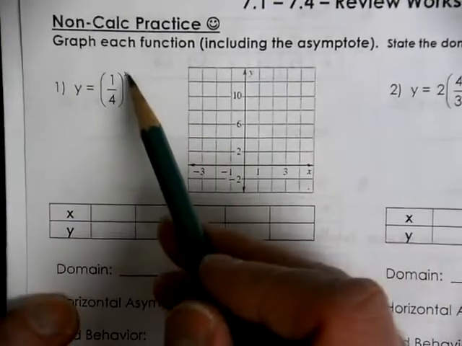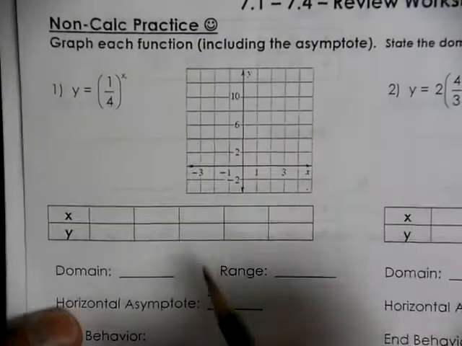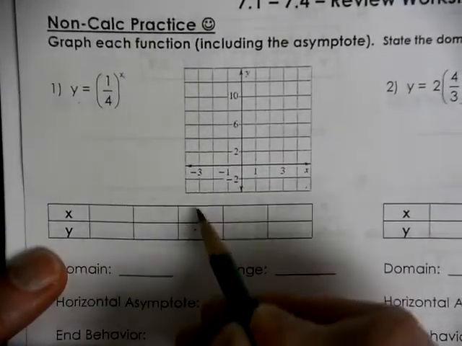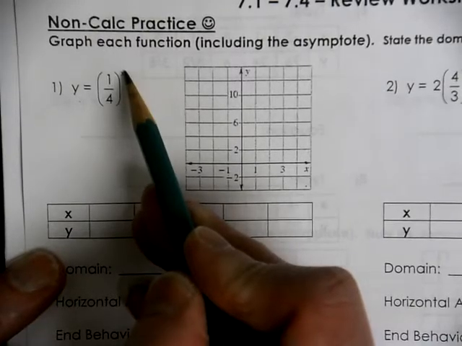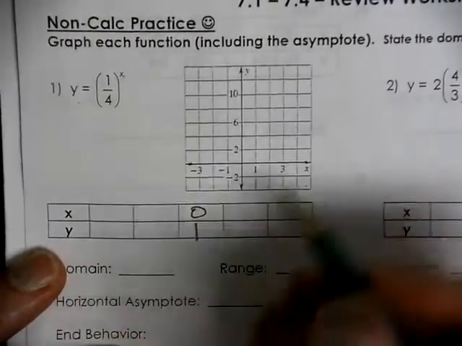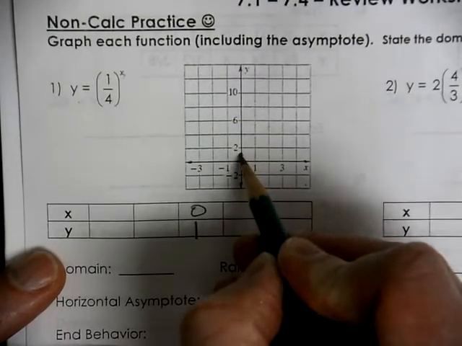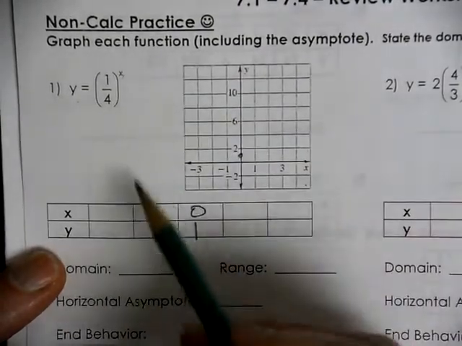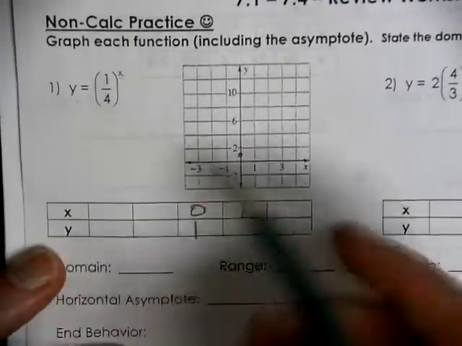So we're going to pick values for x to determine what the y would be. So when x is 0, anytime you have a base with a 0 exponent, you're going to get 1. So 0 for the x, we're going to be up at 1. Watch your scale. When x is 1, you're going to get your base.